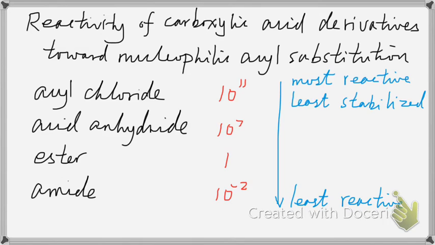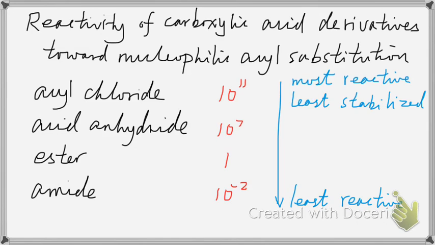So, for example, esters can be made from acyl chloride or acid anhydride, but esters cannot be made from amide. Does that make sense?